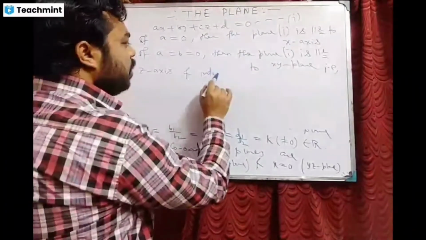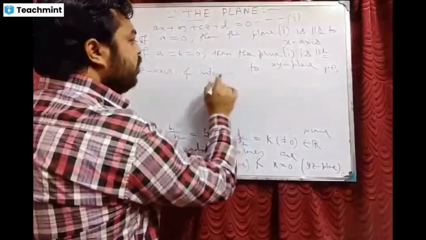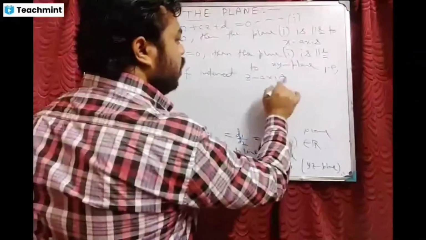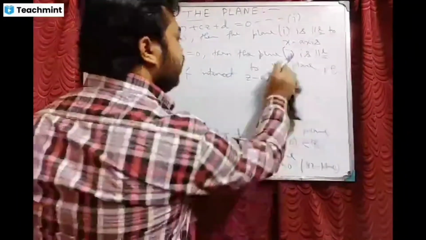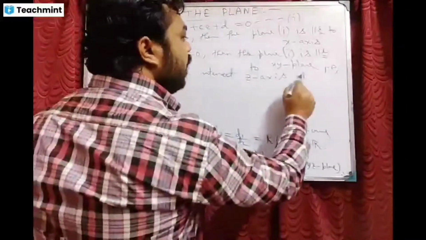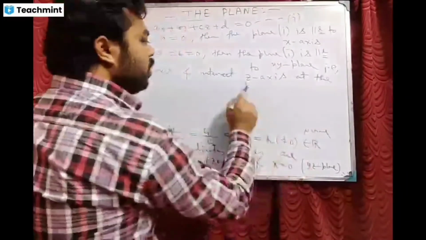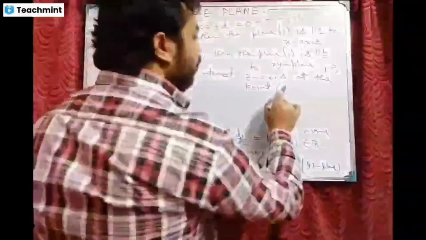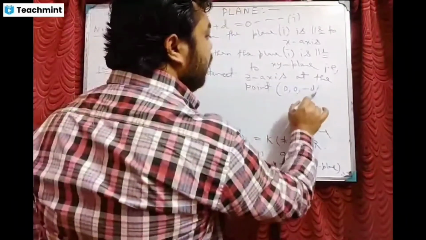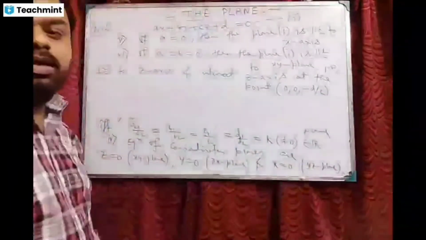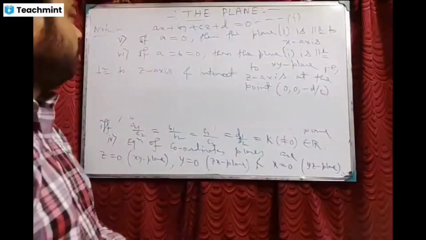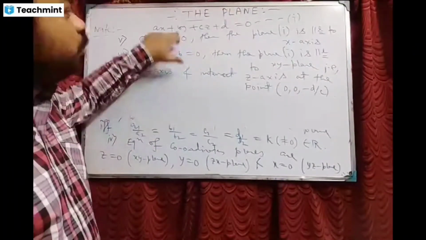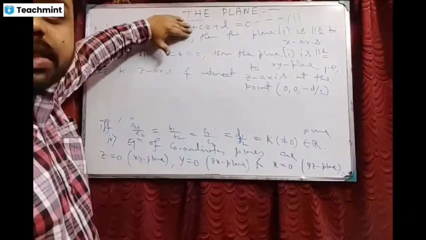and intersects the Z axis at the point 0, 0, minus D by C. So if A is 0 and B is 0, then the equation of plane reduces to Cz plus D equals to 0.